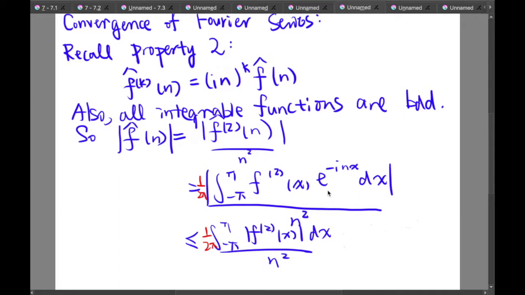Notice that the absolute value of e to the negative inx should be 1, because of Euler's formula. And we have just claimed that all integrable functions should be bounded, so this term is bounded.